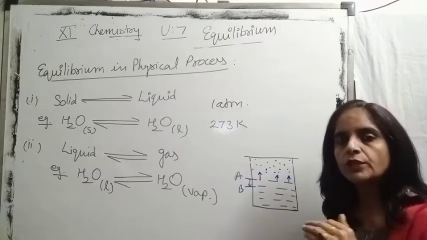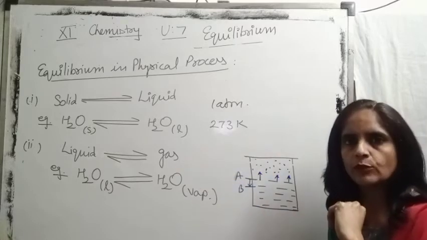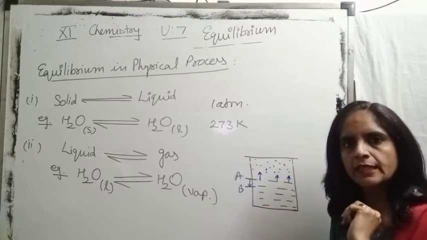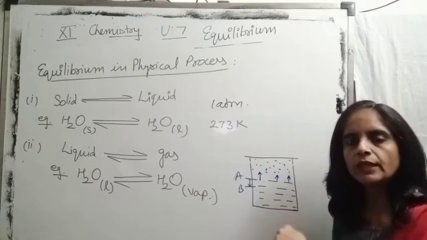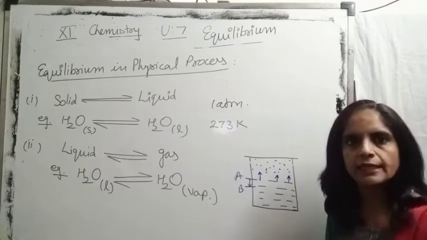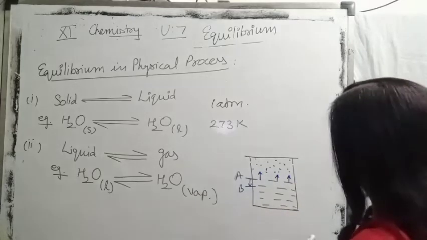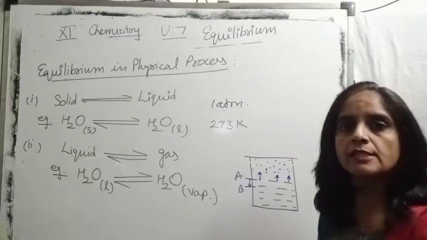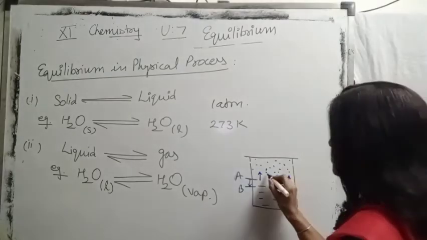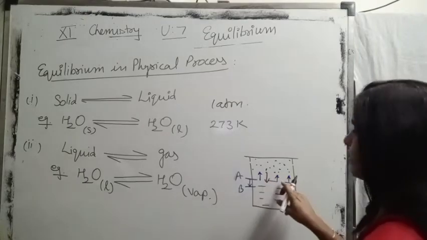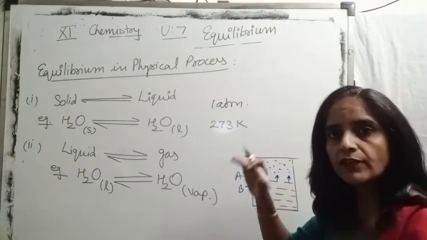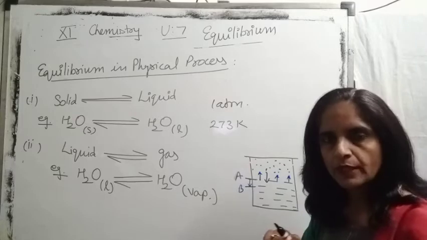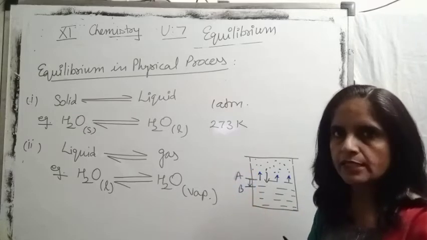When one molecule transfers its kinetic energy to a second one, the energy of the first decreases and it is converted back into liquid. That is the condensation process. So now the condensation process also started. Initially the rate of vaporization is fast but the rate of condensation is very slow. That's why the decrease in level is taking place.